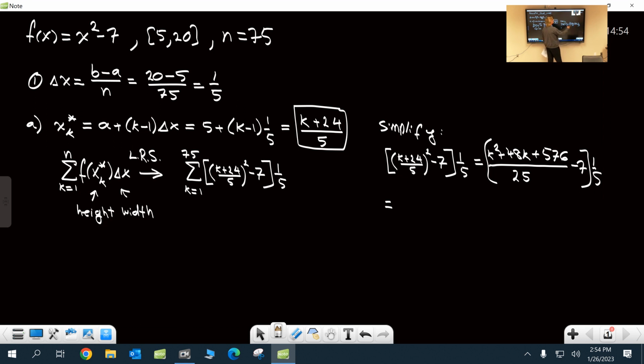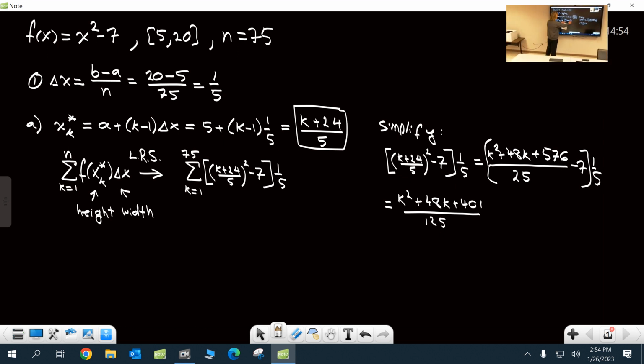All right, if I continue this journey, I have to subtract 7, so I'm going to take 7 times 25, that is 175. I subtract that from 576. I will end up with the polynomial, basically, k squared plus 48k plus 401 divided by 5 times 25, which is 125. Now this right here, I will plug into my sum.